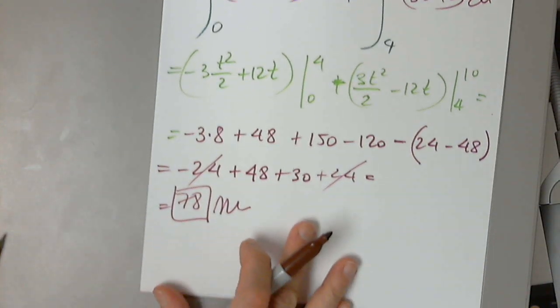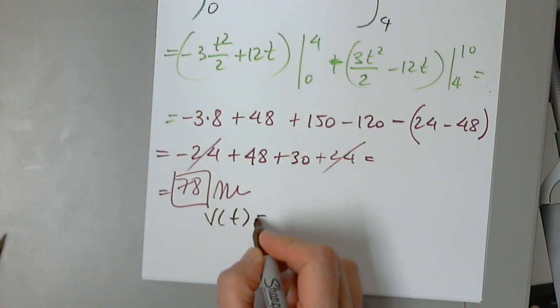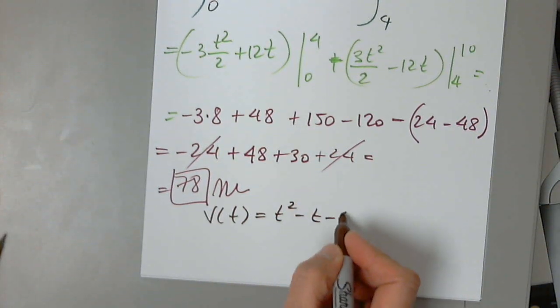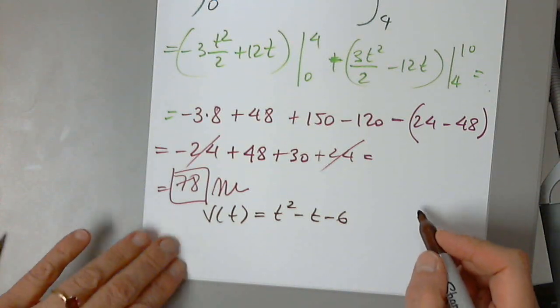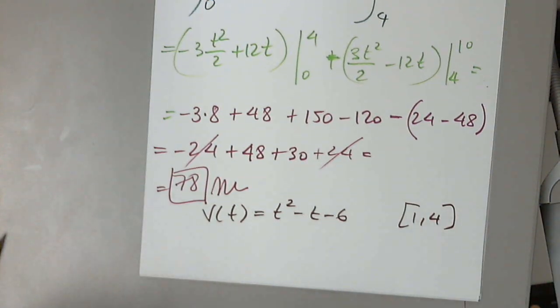Okay, so we have the velocity, v of t equals t squared minus t minus 6, and we are given the time period between 1 and 4. We're asked to find the displacement between 1 and 4, and also the total distance between 1 and 4.